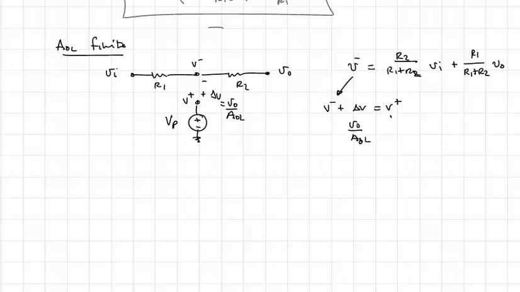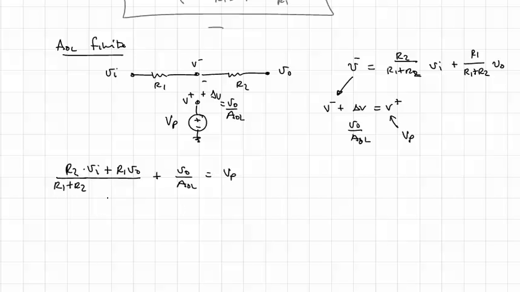And for V plus, we have VP. So let's do that. We will have R2 over R1 plus R2 times VI plus R1 VO, all over this common denominator, plus VO over AOL is equal to VP.